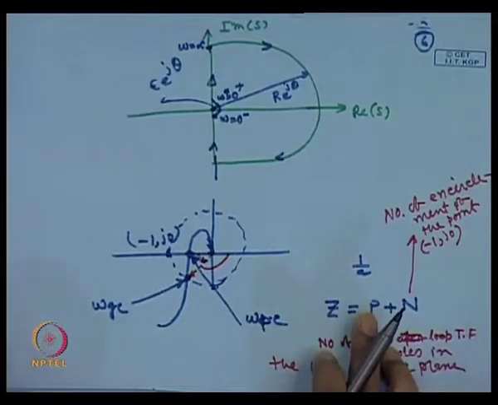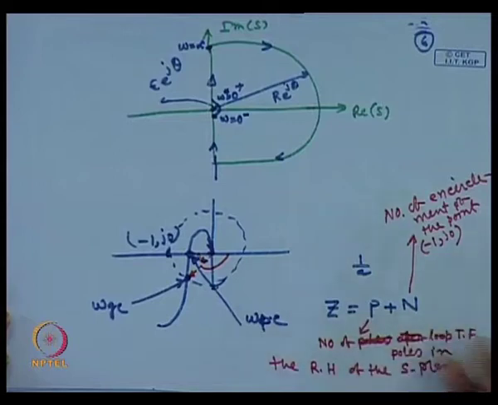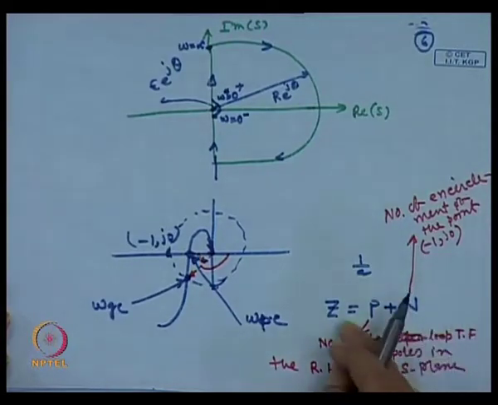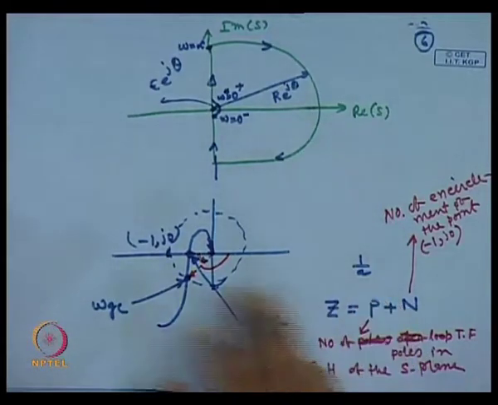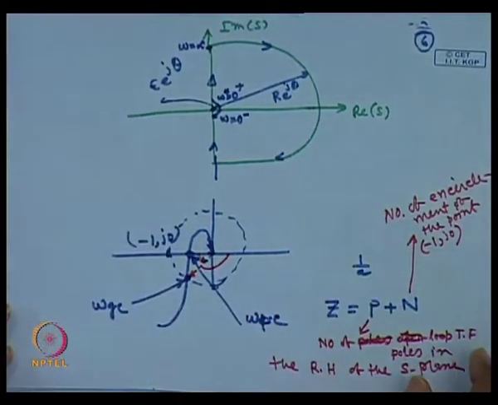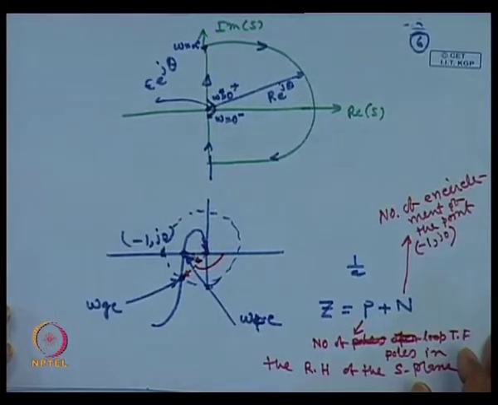Z 0 means there are no closed loop poles in the right half of the S plane, that means the system is stable.